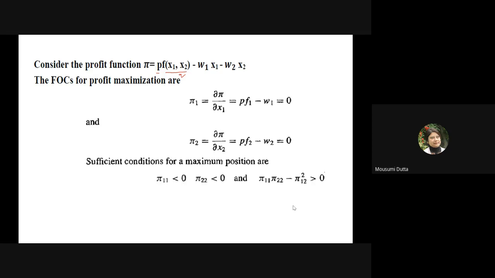Are you understanding? If you take pi 1 1, what will be the expression? Del square pi by del x1 square. What will be the expression? P into F11.